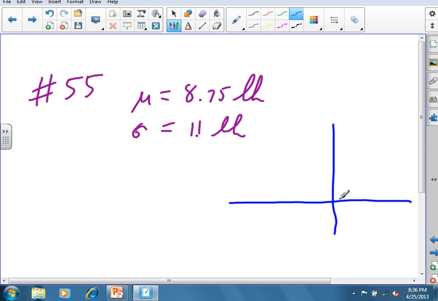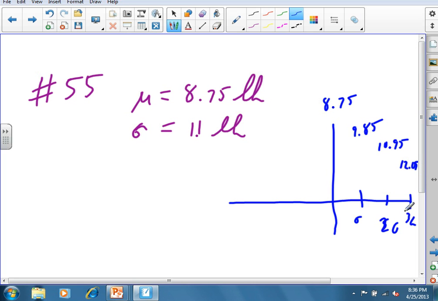Okay, so here we are at 8.75, and here we are at 1 standard deviation, 9.85, and here we are at 2 standard deviations, 10.95, and here we are at 3 standard deviations, 12.05.